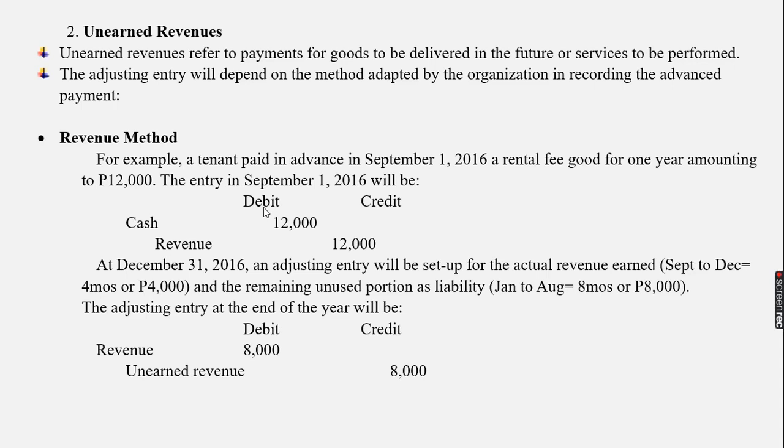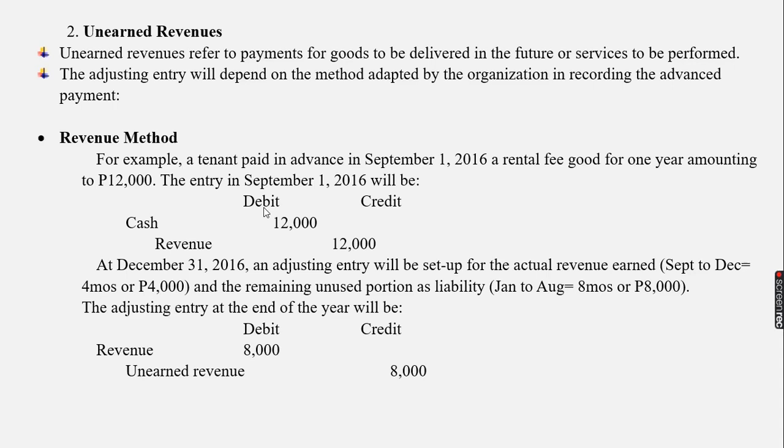So, apat na buwan yung kailangan mong i-recognize as a revenue mo, 'di ba? So, and the remaining unused portion as liability mo for January to August kasi 8 months, 12 months yung in advance niya, 'di ba?